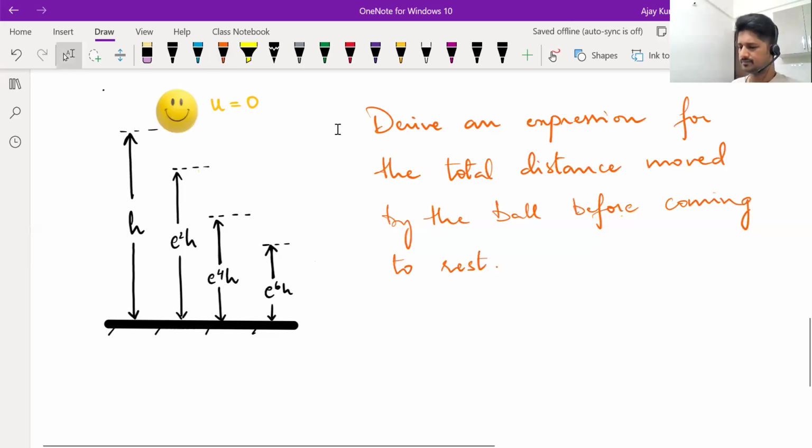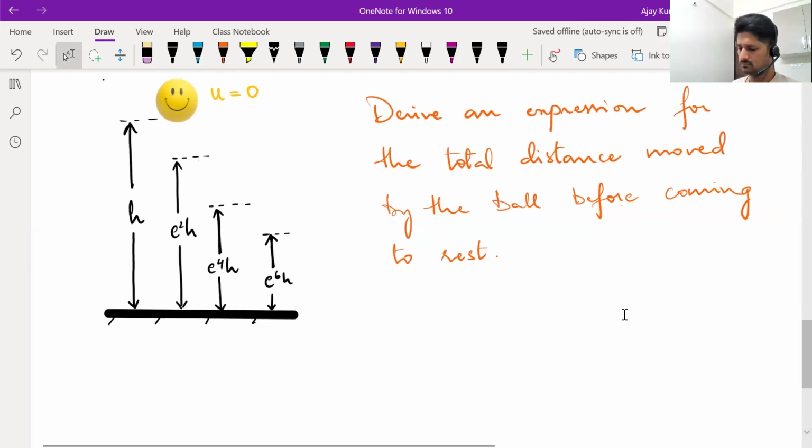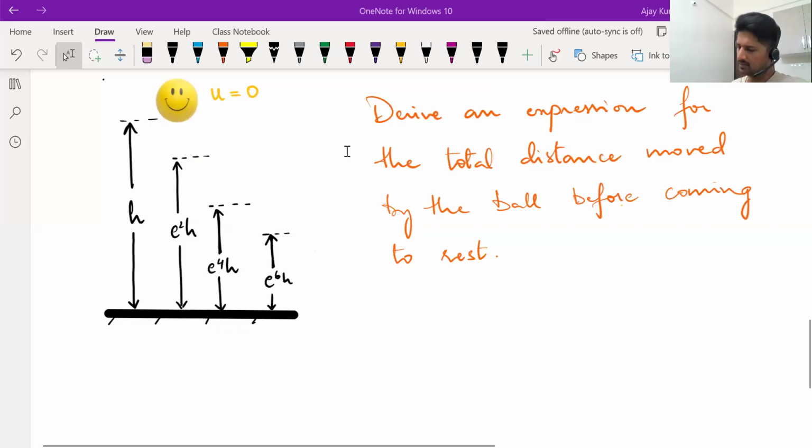Try this. Any answer for this? A little bit of mathematics is involved in this.